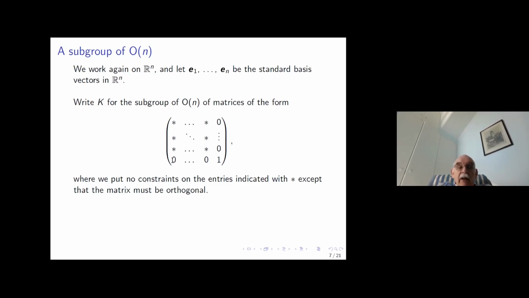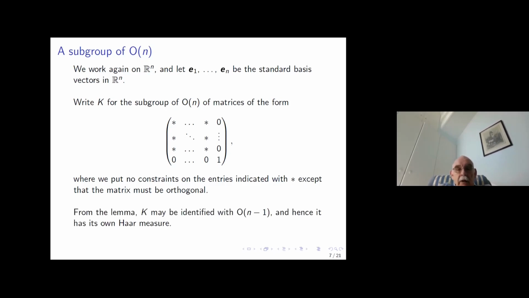And that means that if I forget about this bottom row of zeros and just think of these as vectors in R^(n-1), then I've got vectors in R^(n-1) that are unit vectors and orthogonal. These vectors in R^n are unit vectors and orthogonal. Therefore, when I cut them down a little bit and look at these vectors here, they are also orthogonal and unit vectors.